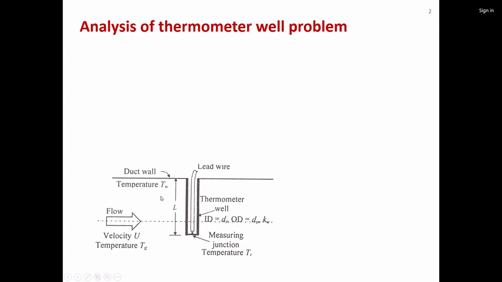One approach to solve this problem is to create a thermometer well into the process fluid. So you basically create a hole and you insert a tube like this, and this is basically intruding into the bulk of the fluid and creating a significant amount of surface area.